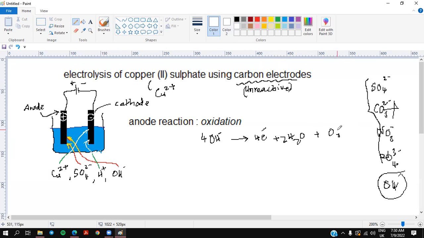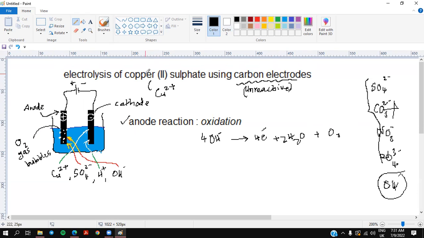Because of this oxygen gas formation, you will see at the anode tiny bubbles of oxygen coming out. Oxygen gas bubbles. That's the observation at the anode, O2 gas bubbles. Okay, that's it about the anode reaction.